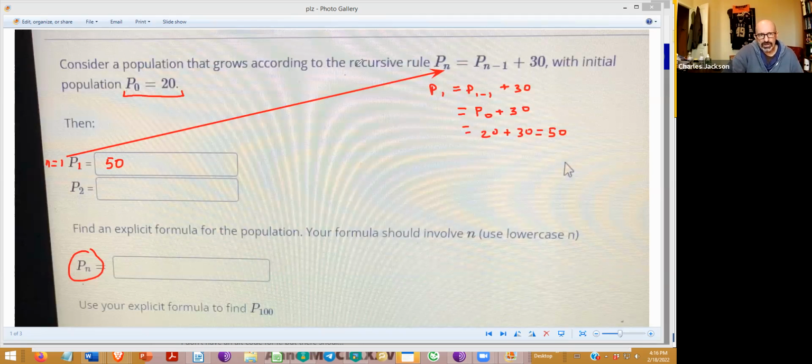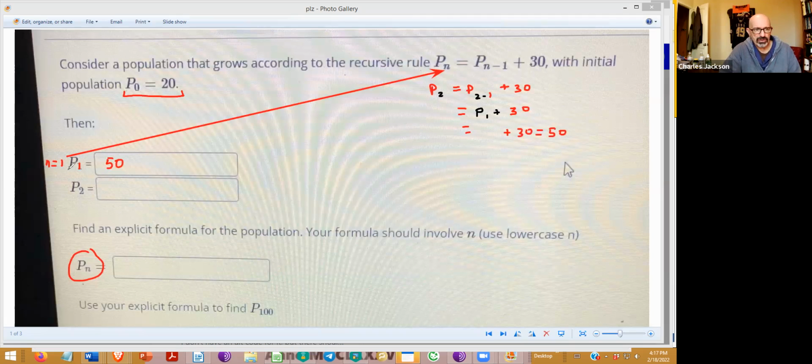We could run the same kind of thing for P sub 2. P sub 2 is P sub 2 minus 1 plus 30, which is P sub 1 plus 30.